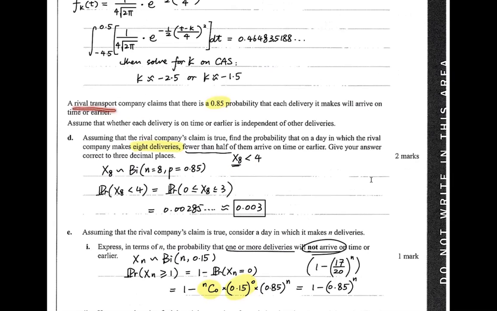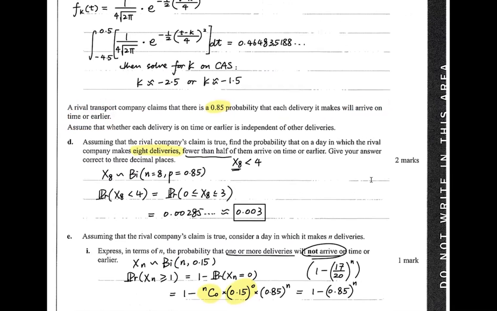A rival transport company claims that there is a 0.85 probability that each delivery it makes will arrive on time or earlier.